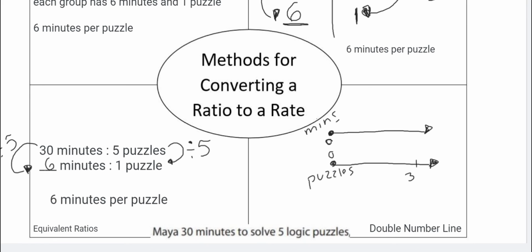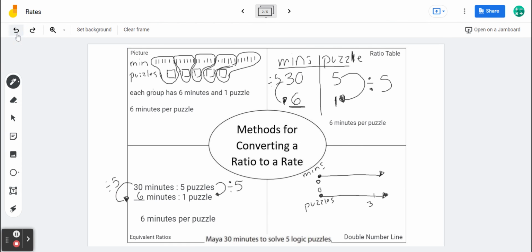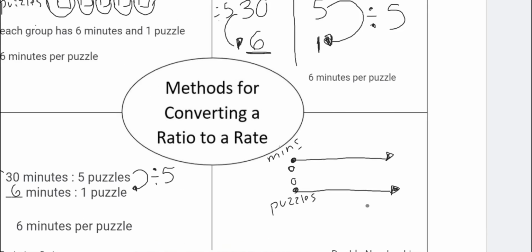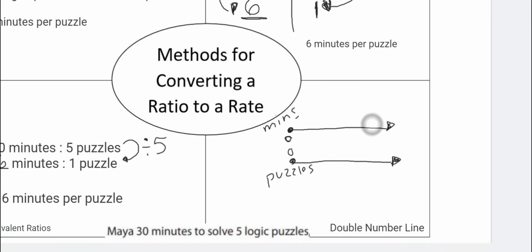And then we take the information they give us. So they told us 30 minutes. Sorry, wrong number line. 30 minutes for 5 puzzles. They want to know how long it takes her for one puzzle. So how do you go from 5 to 1?